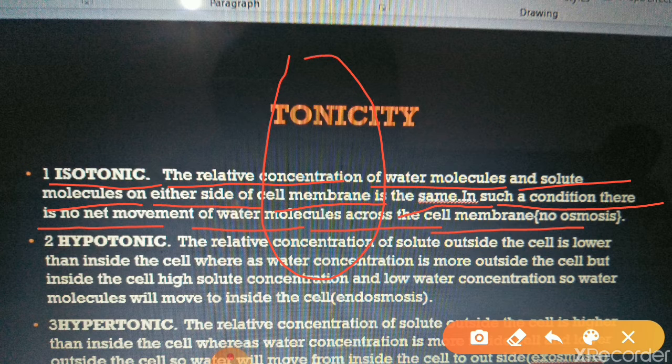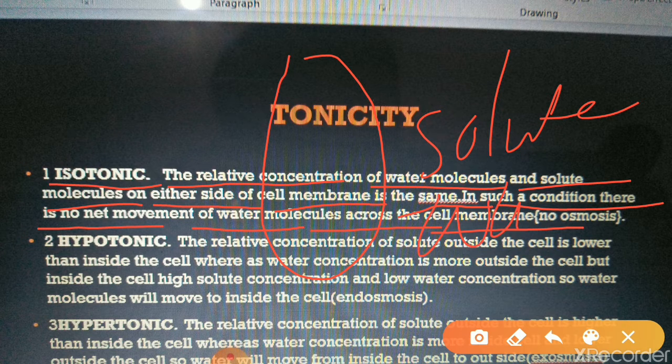So, in the case of an isotonic solution, the concentration of solute and water inside and outside will be the same. So there is no net movement of water molecules to where?